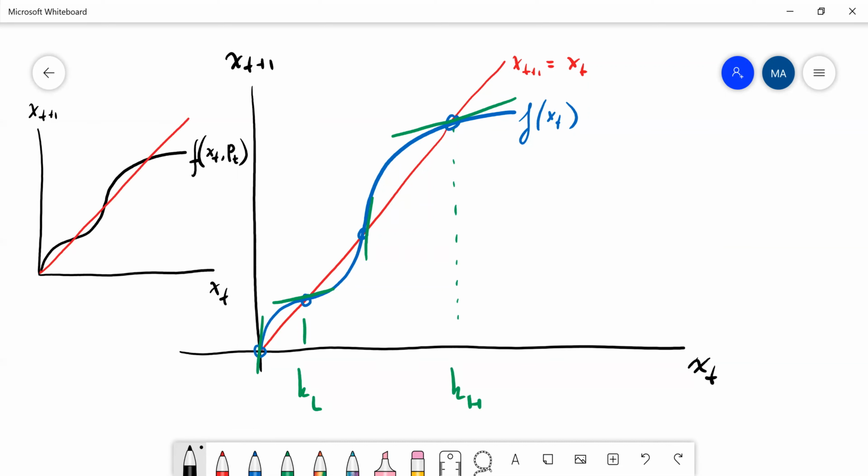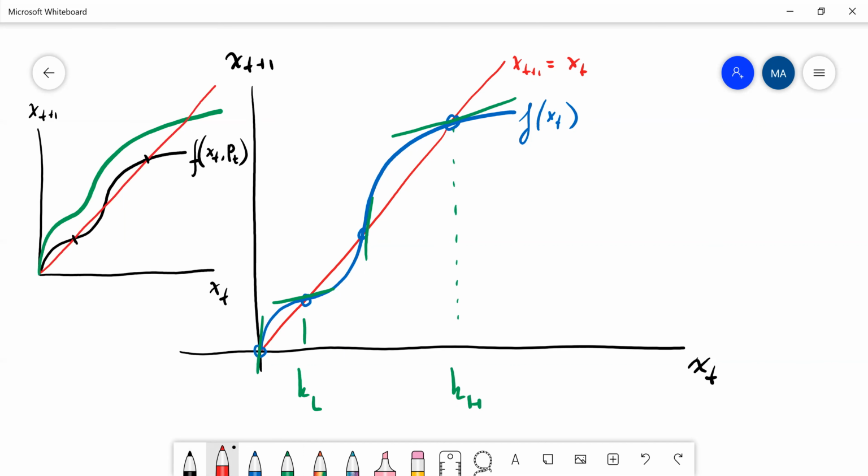At some level of, let's say, education quality or productivity level, etc., you may have two stable steady states, but at another level, you will have only one steady state.